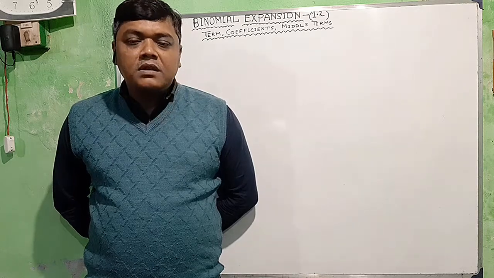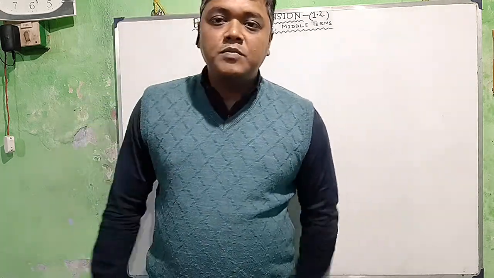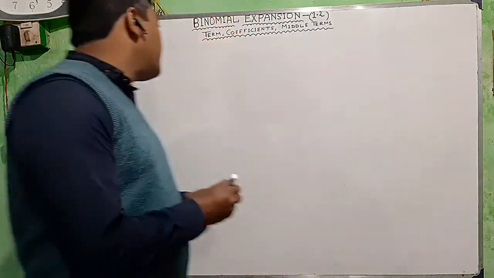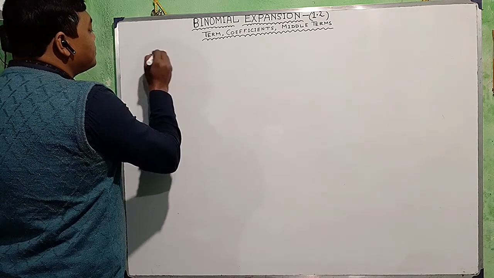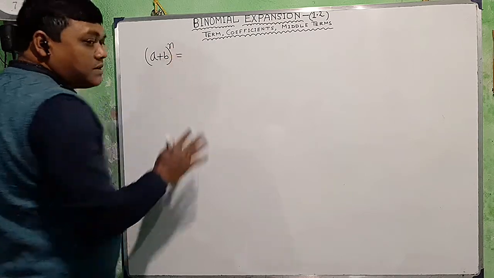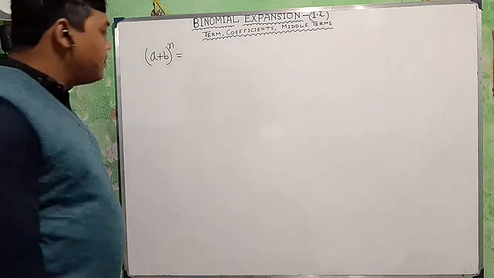In the previous class I already discussed the expansion of (a + b) to the power n. I will repeat it here. (a + b) to the power n, where n is a positive integer first of all, and n may be odd or even.